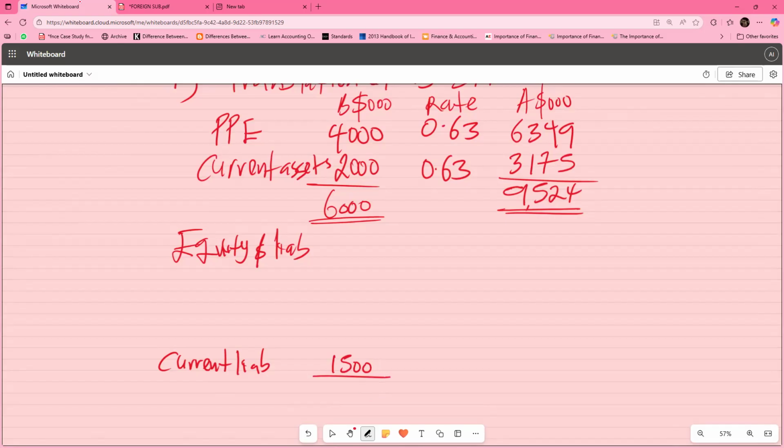So automatically the total is 9,524, and the equity should be the balancing figure.